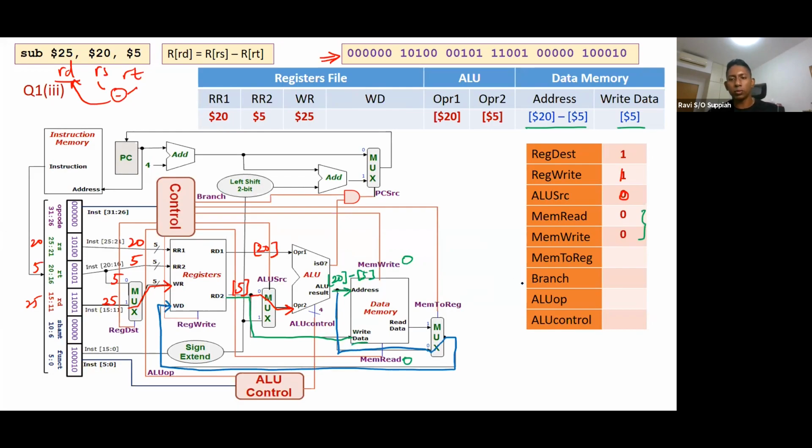That means your MemToReg has to be a 0. And the data that is returned back is actually the ALU result, which is the content of register 20 subtract the content of register 5. Okay, and there is no branch instruction, so branch is 0, and the other two you can ignore.